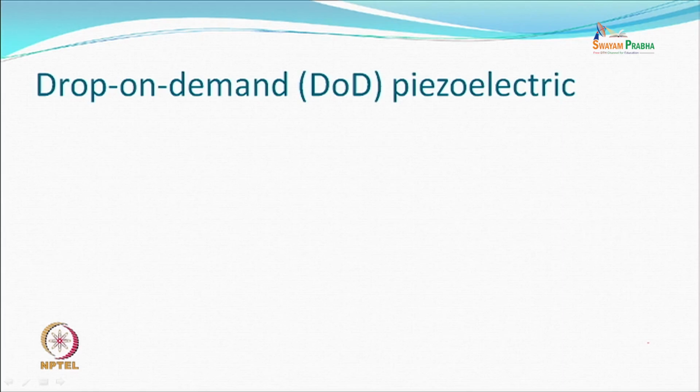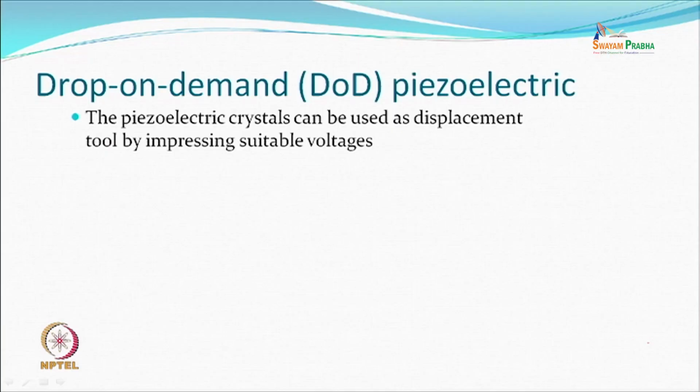So, piezoelectric based inkjet printers, which are also drop on demand type. Once we know that this particular sensor is going to displace so much, accordingly you can design theoretically to begin with. So, the piezoelectric crystals can be used as a displacement tool by impressing suitable voltage. The displacement could be in any direction, in the x direction, y direction, z direction, depending upon what we have done.